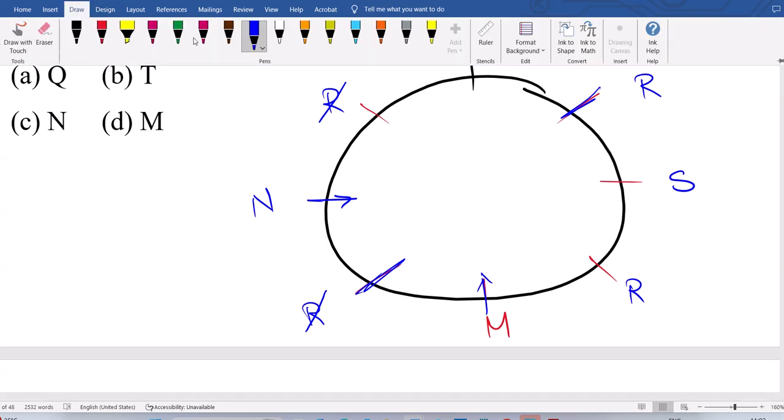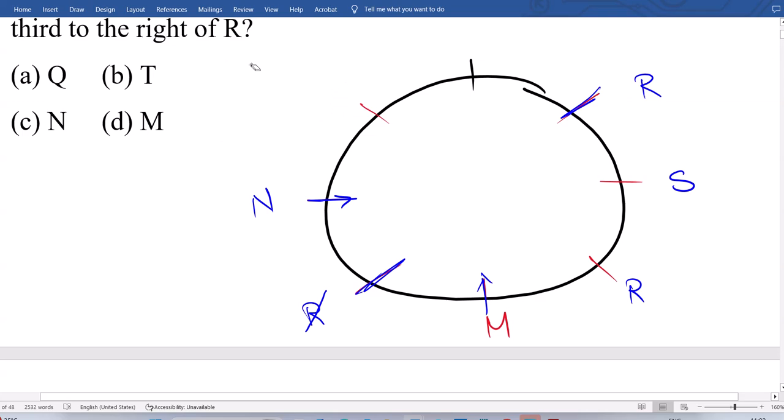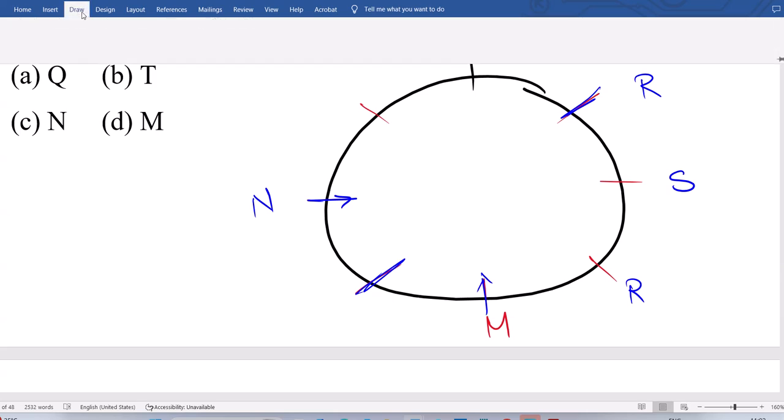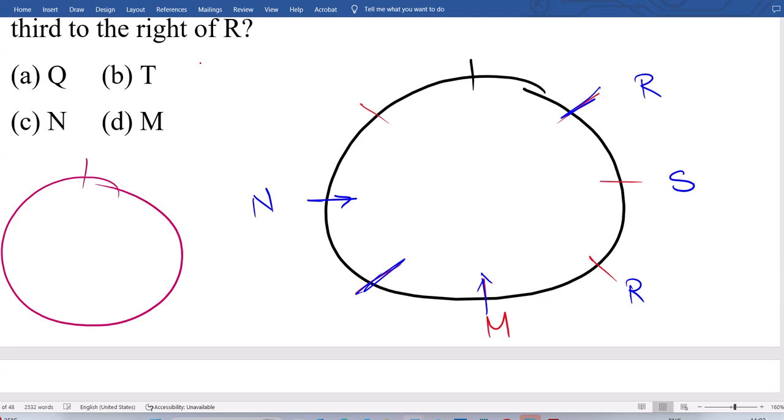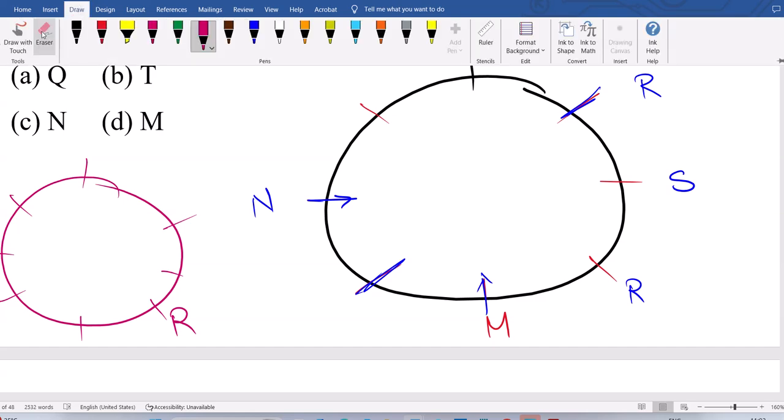We'll try. First, I'll go for R here. I'll go for two arrangements, because there are two possibilities, so I'll draw one more diagram. One with R here, one with R here.